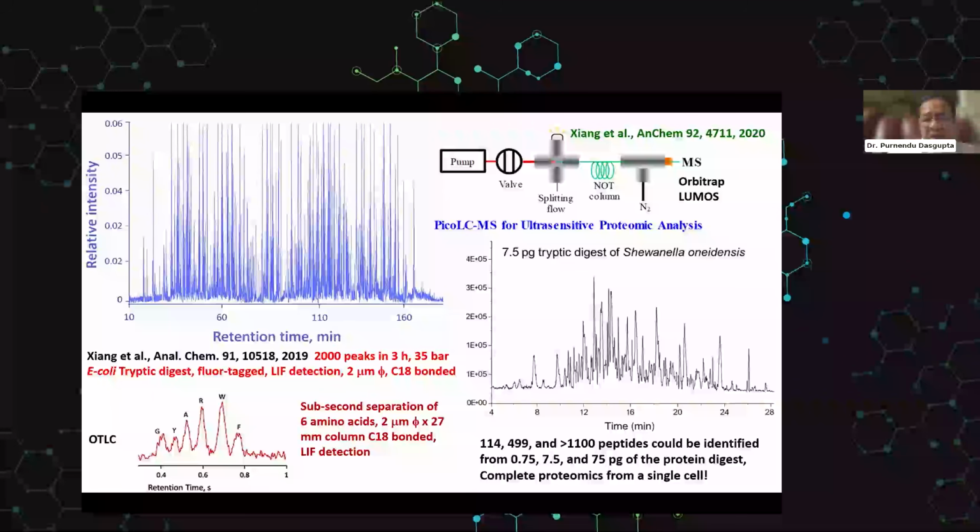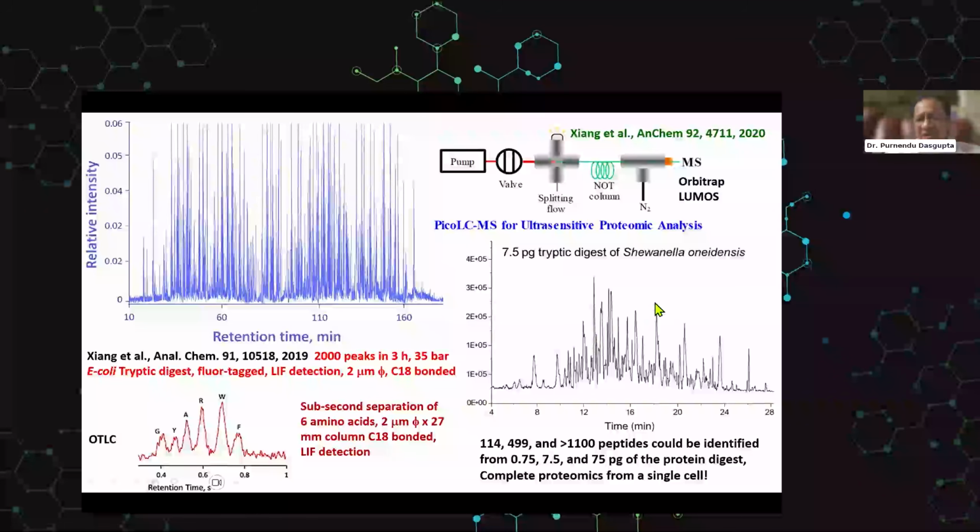Okay. And on the right hand side, you have this same device now connected to one of the high end mass specs at Pacific Northwest National Lab. And in this case, the flow is so small that you have to essentially dilute the flow, not with liquid, but gas-assisted introduction to the mass spectrometer.